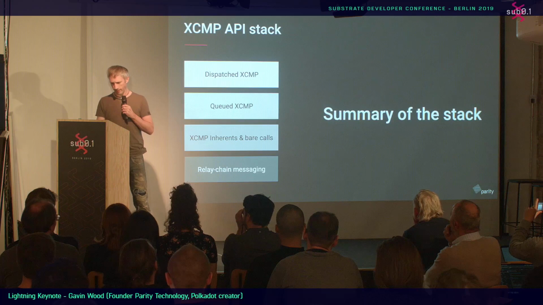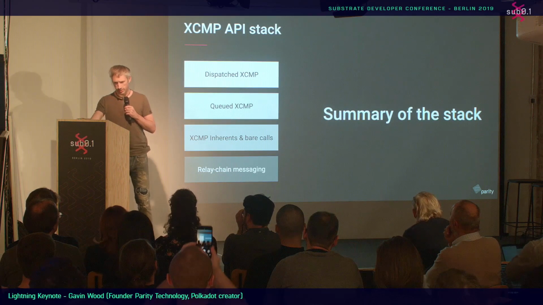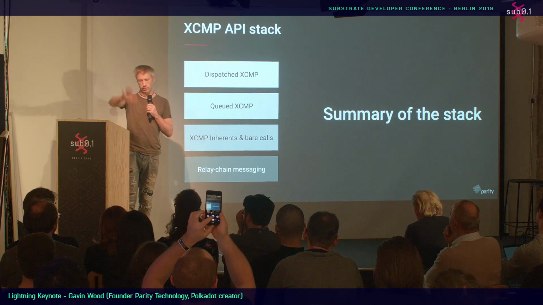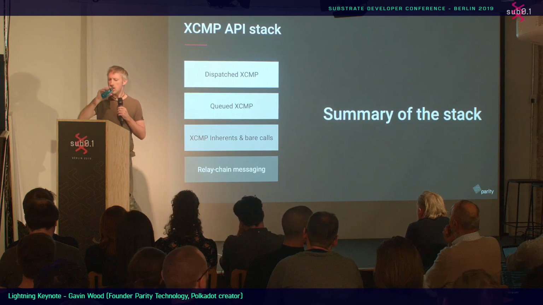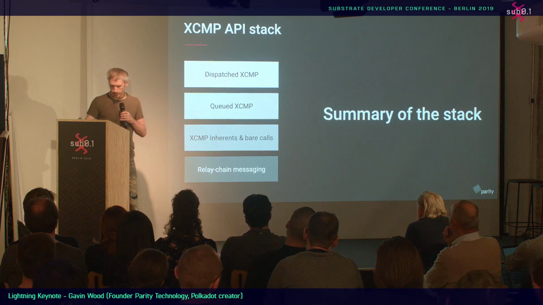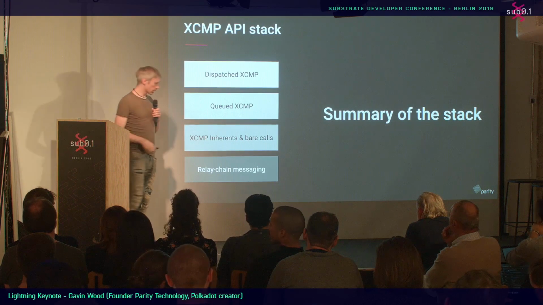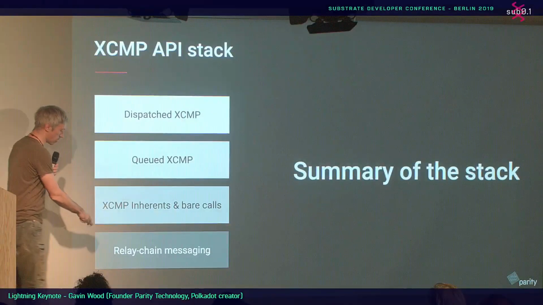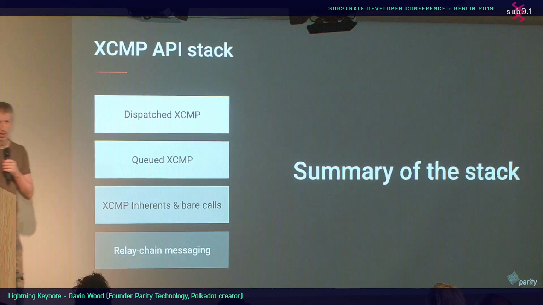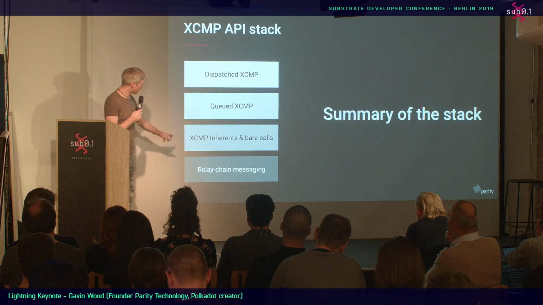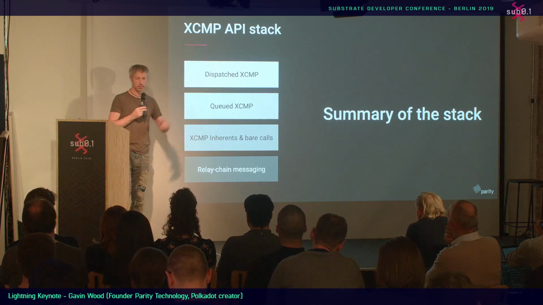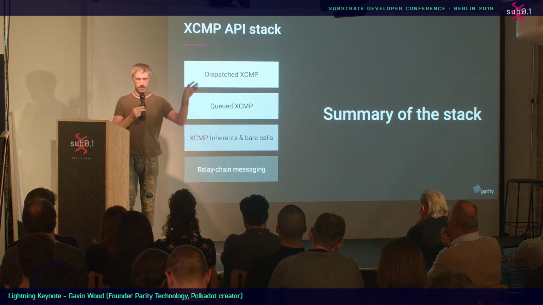So broadly speaking, let's go into the stack. We've got four layers of API. At the bottom is the only real proper thing that's done on chain, and that's the relay chain messaging. So that's the ability for parachains to send messages up to the relay chain.